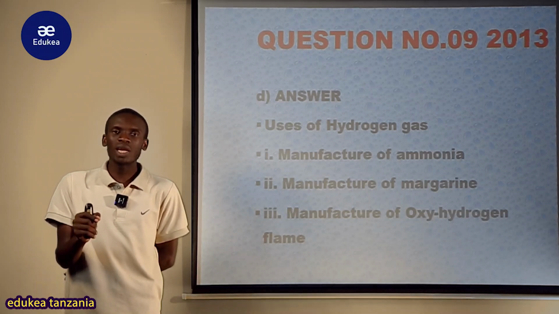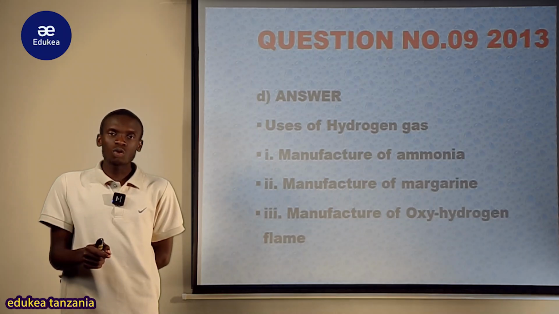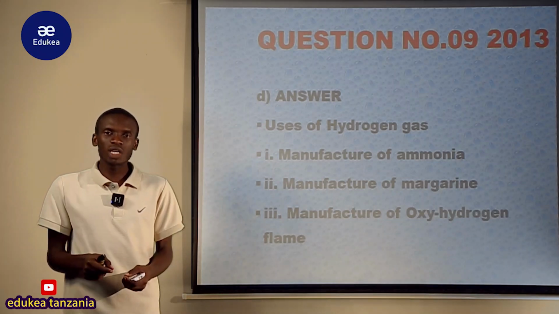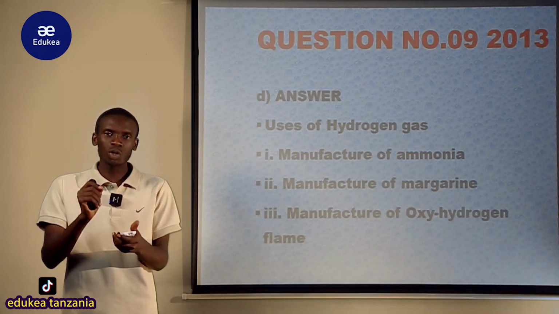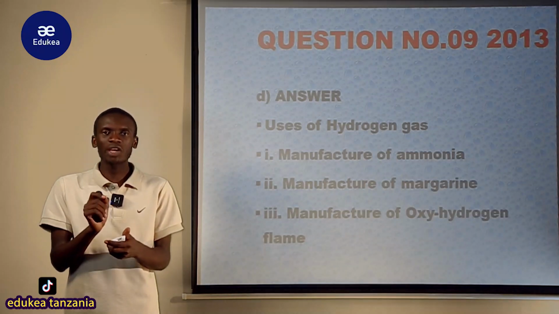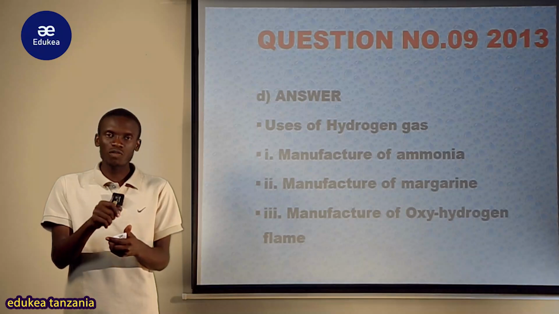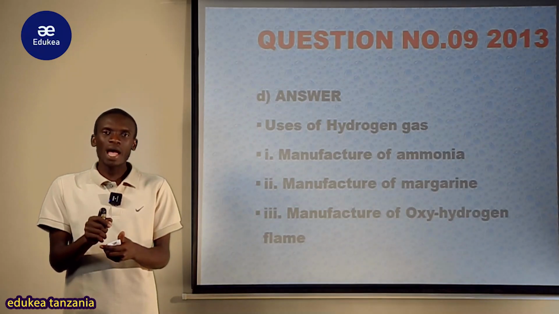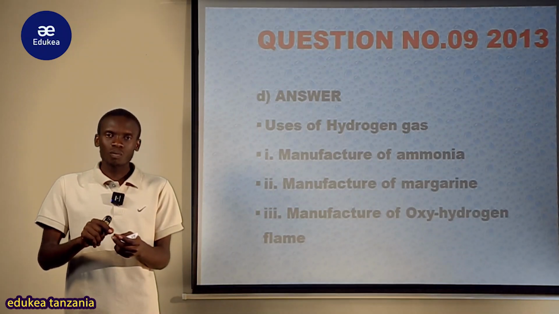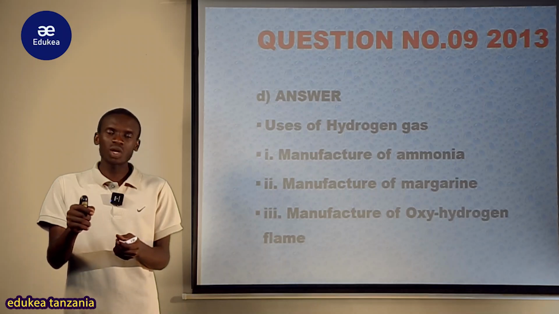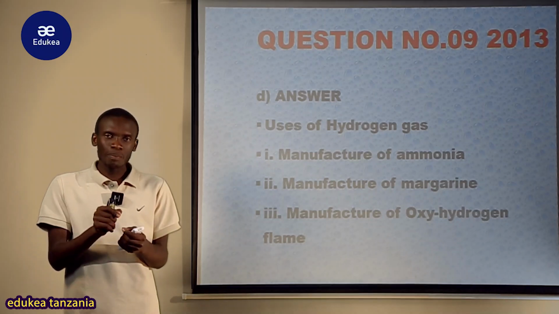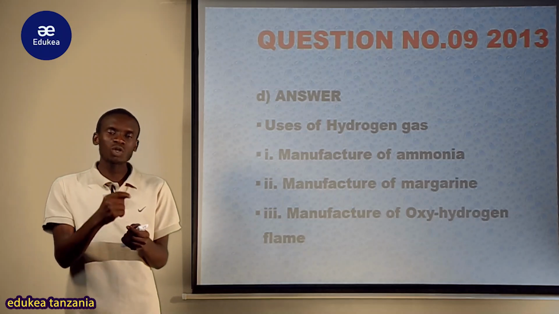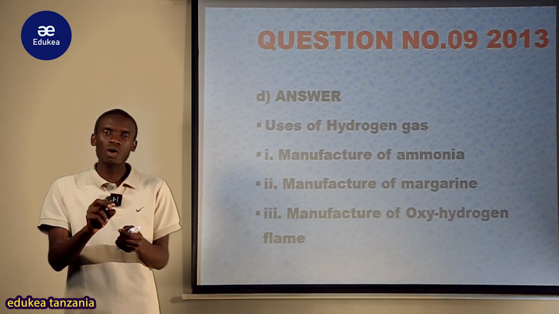Wale wanaofanya welding, wanaochomelea, utakuta kuna flame ambao wanatumia, sio ile wanatumia electrode zile kama kichuma ambacho wanakigundisha kwenye vyuma viwili ambavyo wanataka kuunganisha. Hapana, unakuta wanatumia mtungi wa gesi, afu wanatumia pipe ambayo inatoa moto pale mbele. Ile pipe, ule moto ambao unatoka pale, ile flame ambayo inatoka pale mbele, hasa inakuwa na mwanga wa blue.